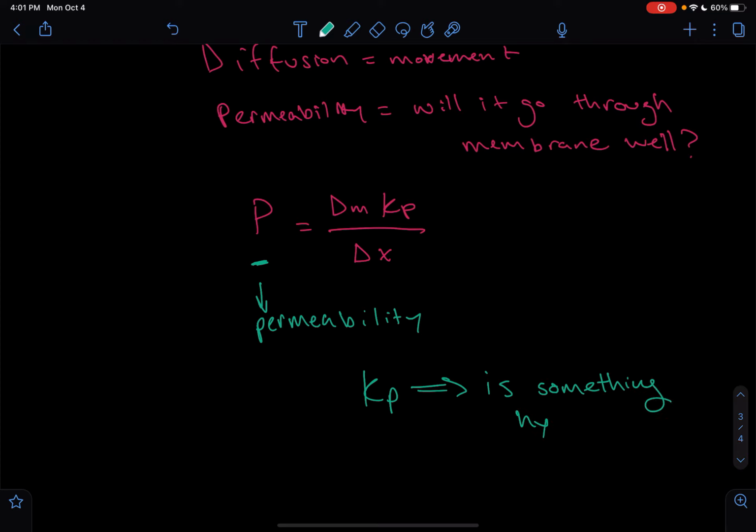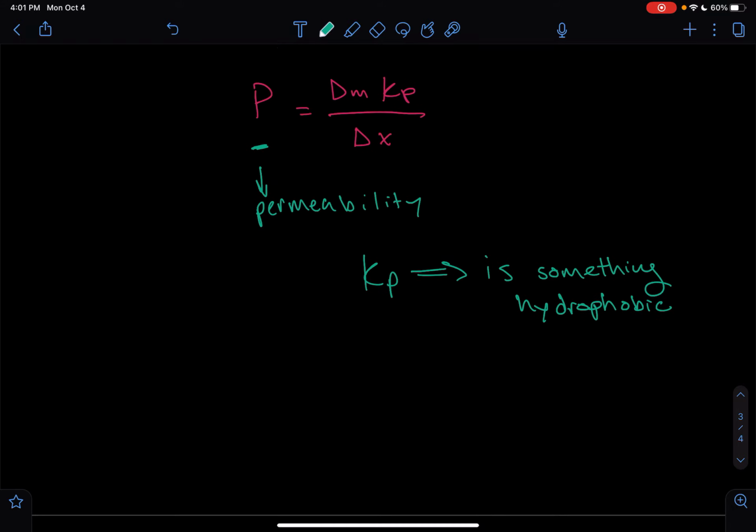As we know, membranes are hydrophobic. They're made of phospholipid bilayers, at least the cell membrane is made of a phospholipid bilayer. So Kp is just C oil over C water.